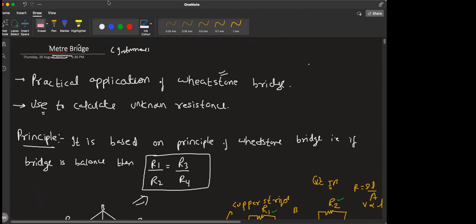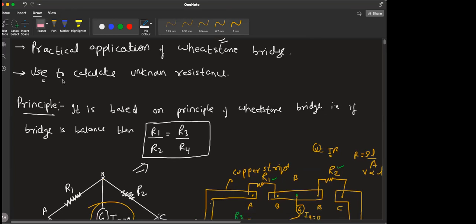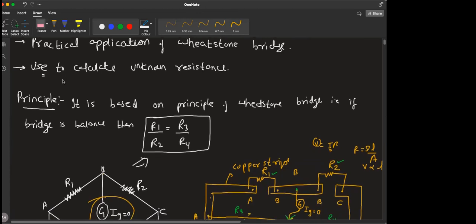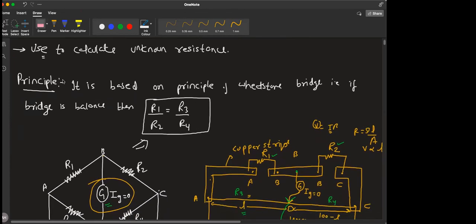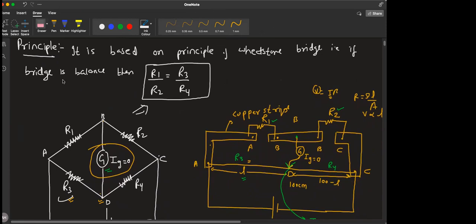Noted down. And tell me if you have any doubts. Raj, is it clear?